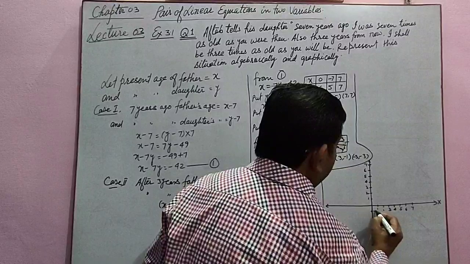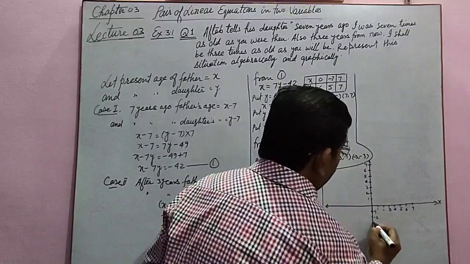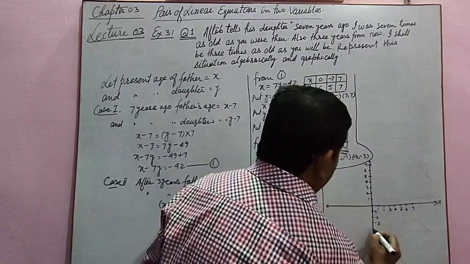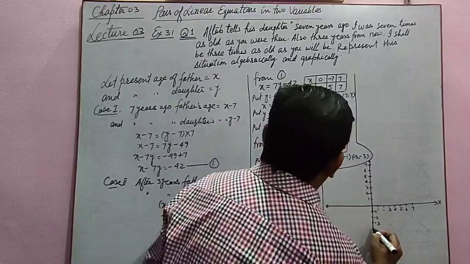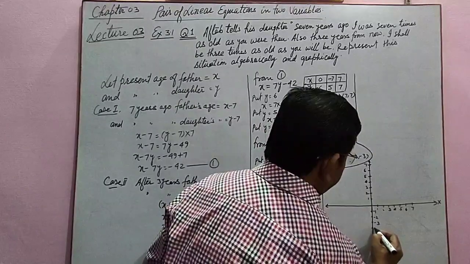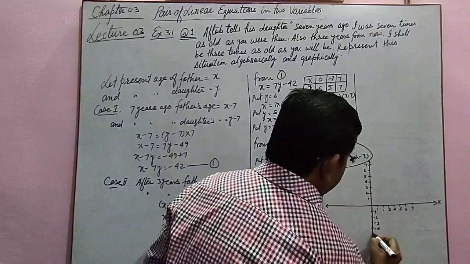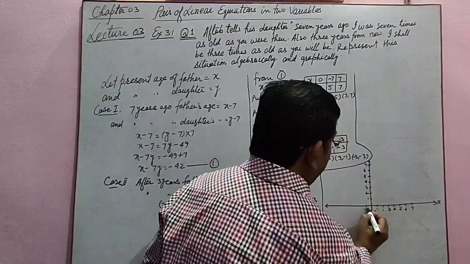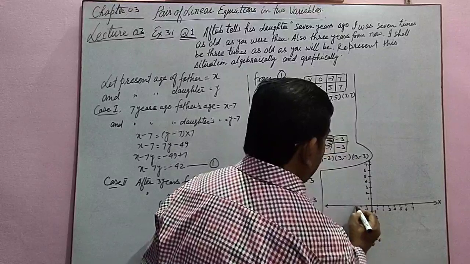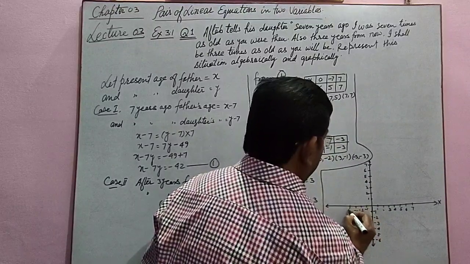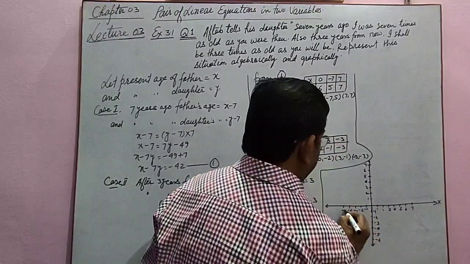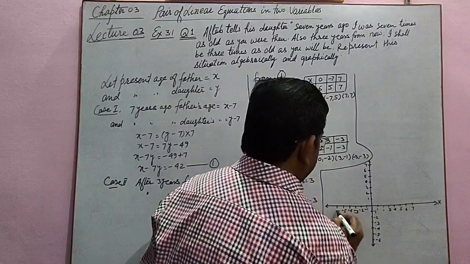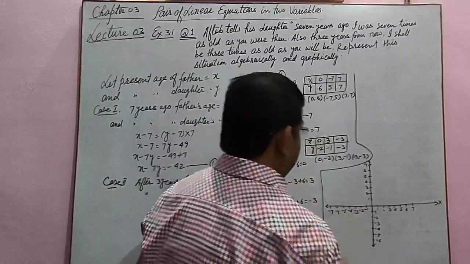Here negative: minus 1, minus 2, minus 3, minus 4, minus 5, minus 6 and so on. This side we have minus 1, minus 2, minus 3, minus 4, minus 5, minus 6 and minus 7.